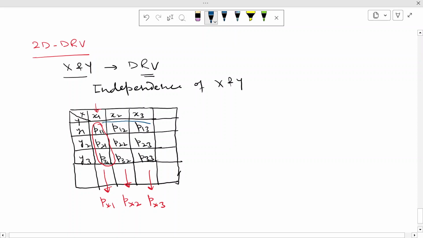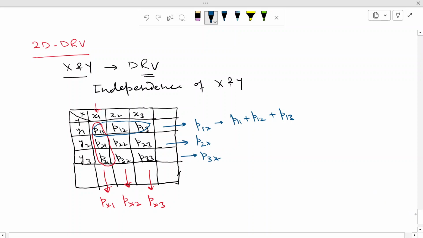For y equals 1 we have these many values. So this is p1 star, which means p11 plus p12 plus p13, and similarly we can obtain p2 star, and here we have p3 star.